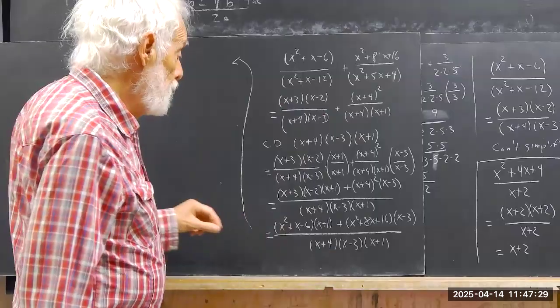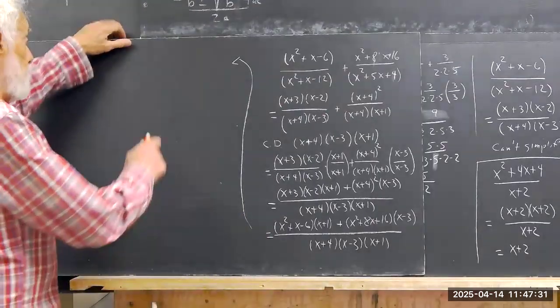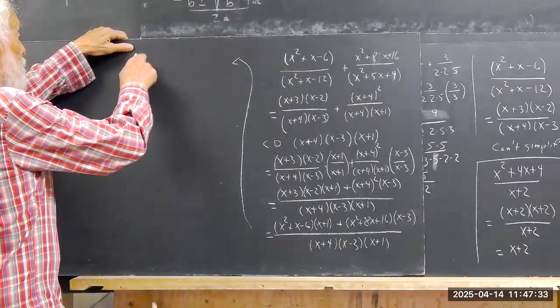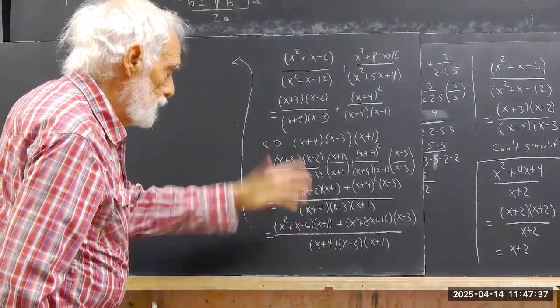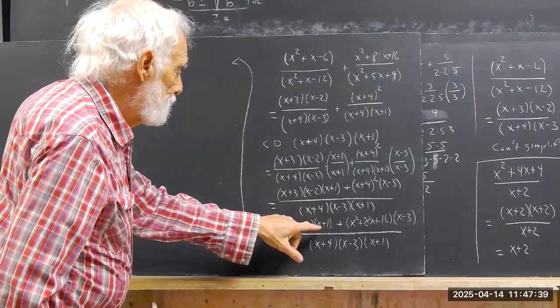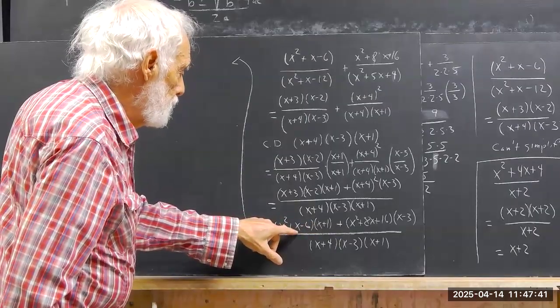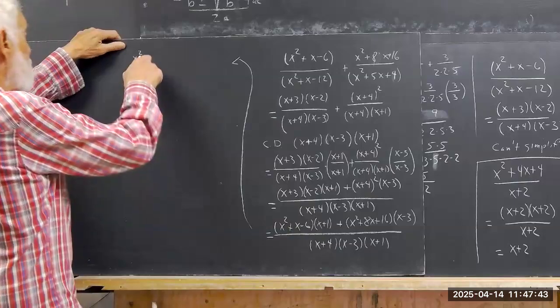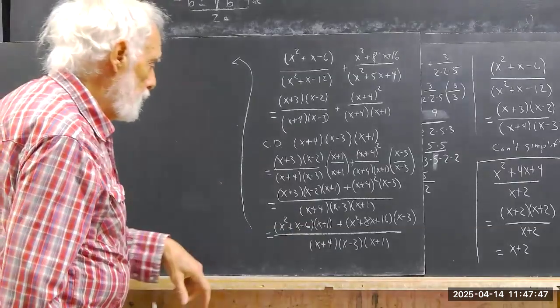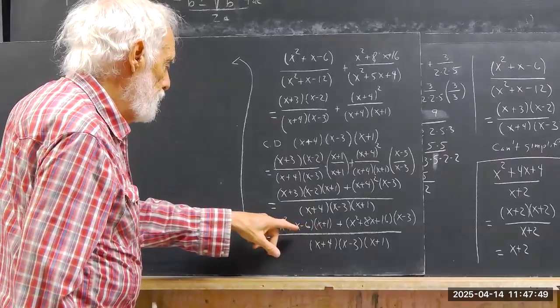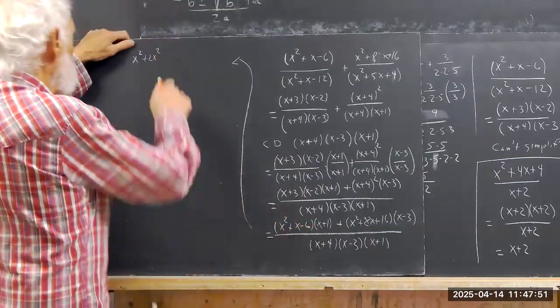I don't want to explain every step of this. It'll get confusing. If I do this correctly, I get x cubed. That's from x times x squared. I'm not going to belabor that. And we're going to get 2x squared. And then we're going to get negative 5x.